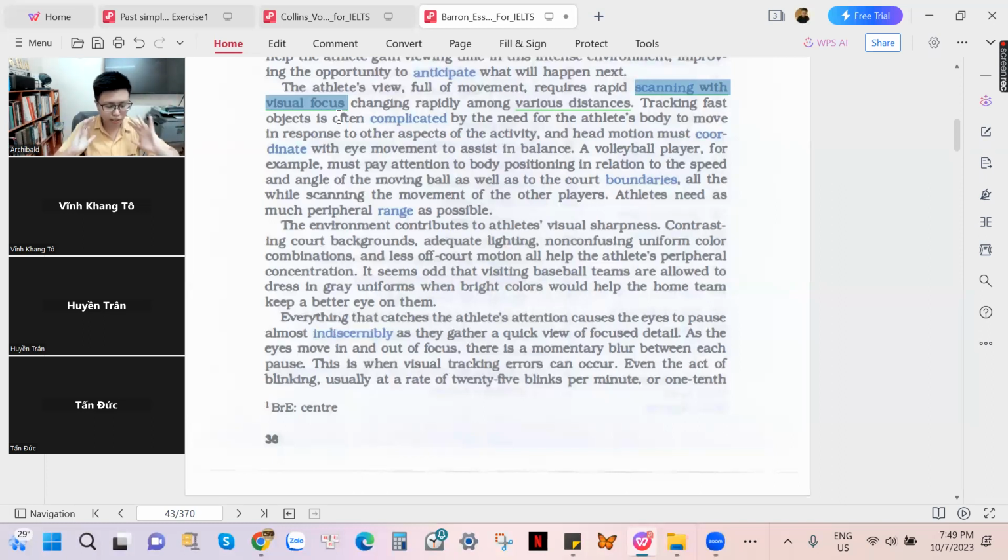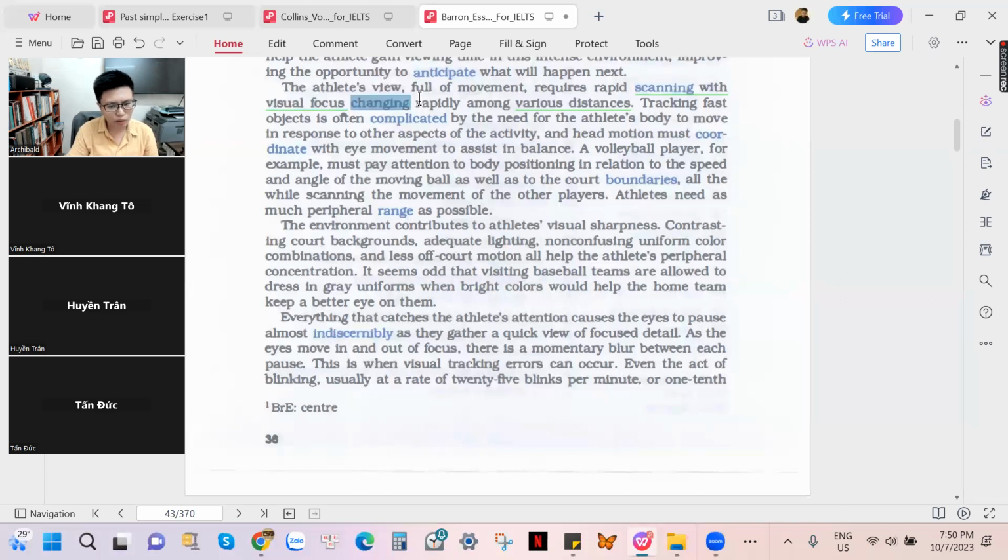So the parts of the body are going to be used in the right way because that is what you choose for focusing. And here they are talking about the athlete. So when the athlete scans very fast with his eyes, what he sees is going to be the things that he's going to use his brain to focus on. So that is what they want to say.